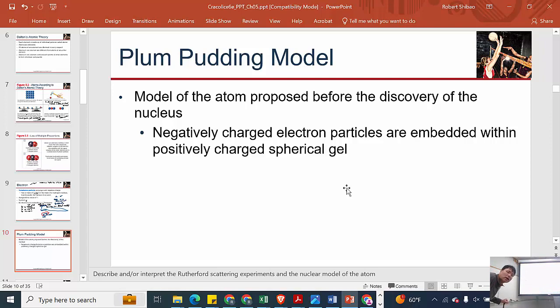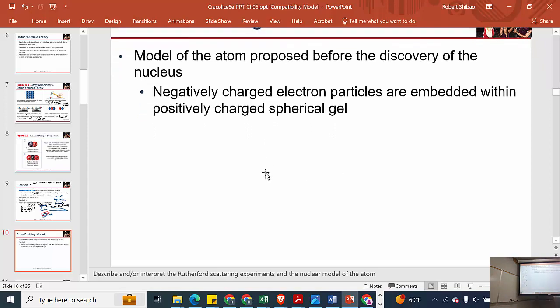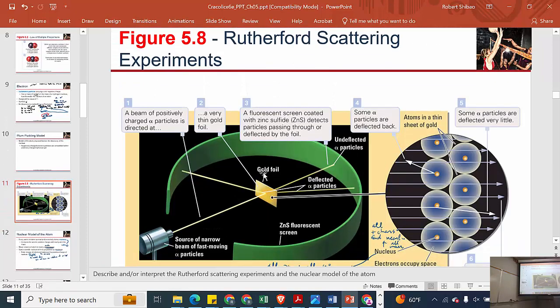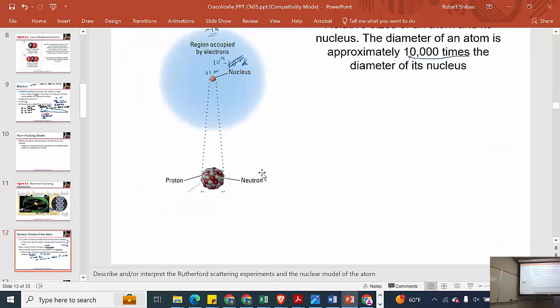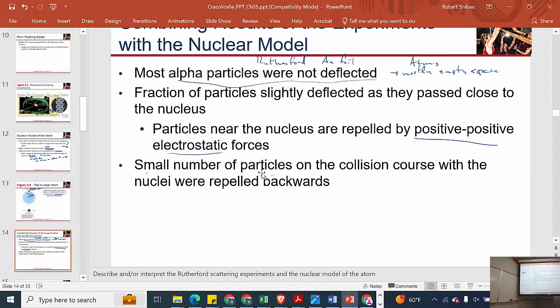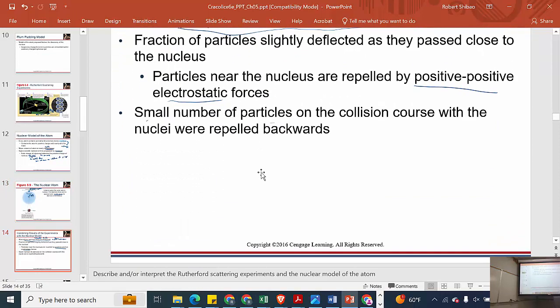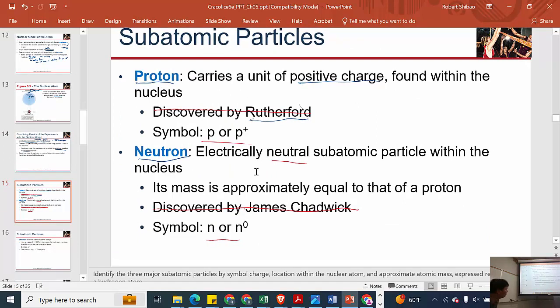What about the proton and the neutron? I'm going to skip this slide for right now, and then we're going to come back to that slide. Atoms are made up of electrons, protons, and neutrons. The proton was discovered by Rutherford.